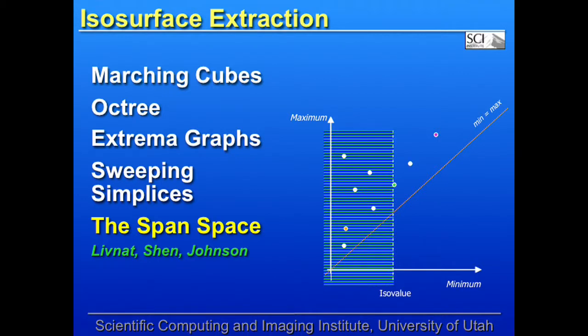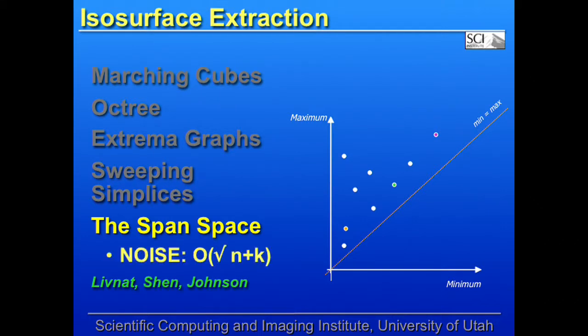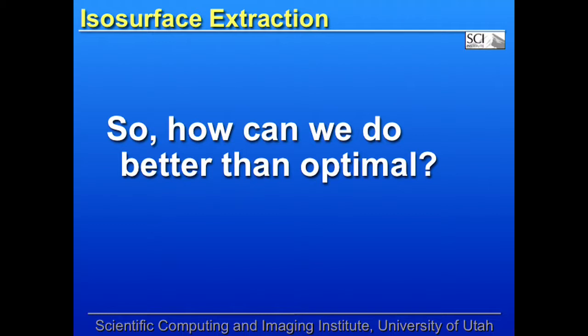And then Livnat came up with something called span space, in which he could put a bound on the complexity for near-optimal isosurface extraction, which was order square root of n plus k. Then another group went on to prove the optimality of the isosurface algorithm. So for the search phase of this particular algorithm, it was proved optimal. And then the question became, how do you do better than optimal?